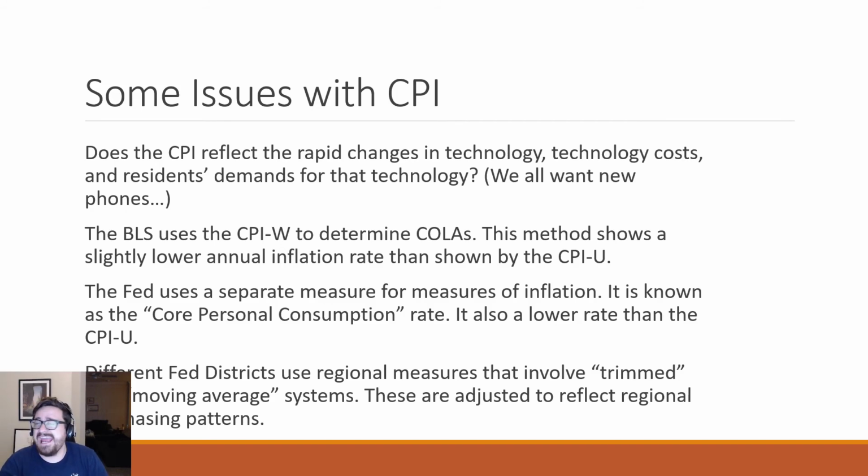And 81% of people live in urban areas, an overwhelming majority. By using CPI-W, the government kind of skimps some money. They don't pay people as much of a raise as they could reasonably argue. You might say it's justifiable to make that pay cut, which is not inaccurate. It is kind of justifiable based on the number. But it is a pay cut. It is less of a pay increase than you could actually feasibly get.